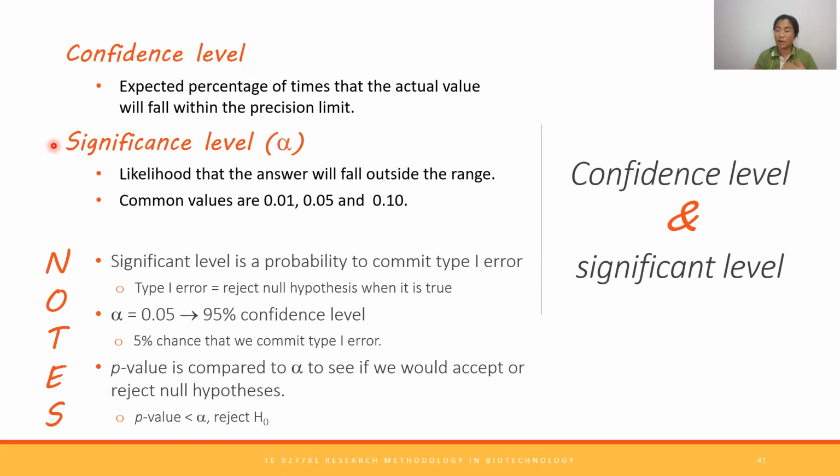If you see something that says temperature has an effect on growth at 95% confidence level, you can say the same thing at the significance level of alpha equal to 0.05. You'll see why in the next slide, which I'll leave until tomorrow.